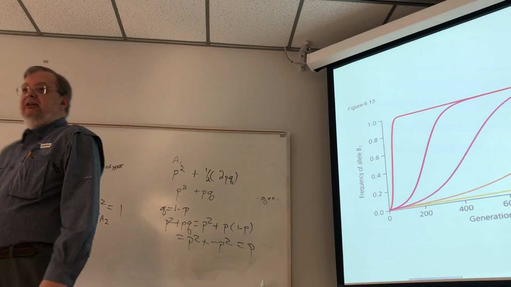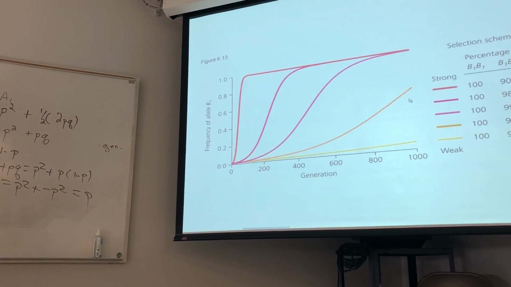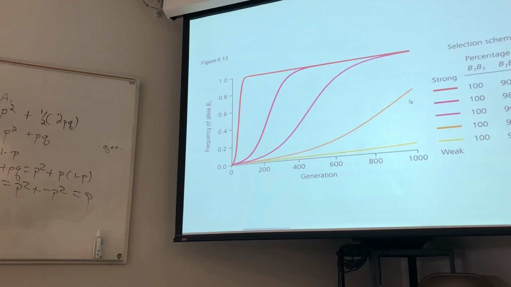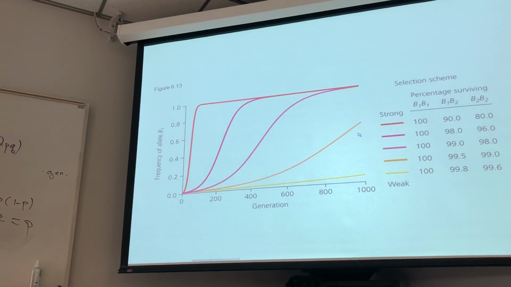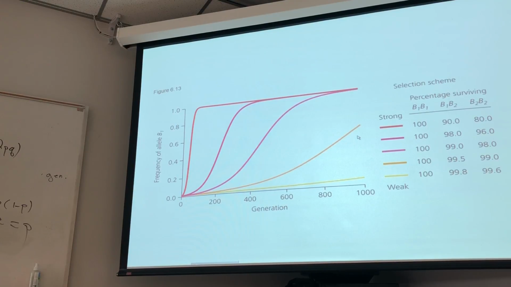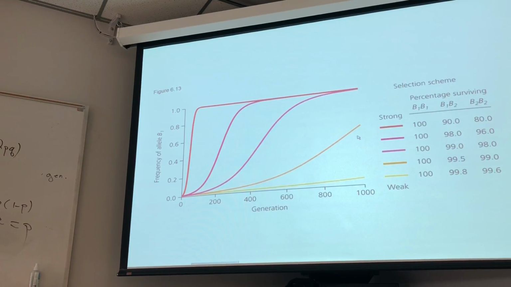So when an allele reaches 1.0, we say that it is fixed. The frequency is 1.0, it's 100%, it's fixed. So how quickly does it reach fixation? Does it reach fixation more rapidly if it's strong or if it's weak? Strong. Yeah, the stronger the selection, the more rapidly it increases in frequency.